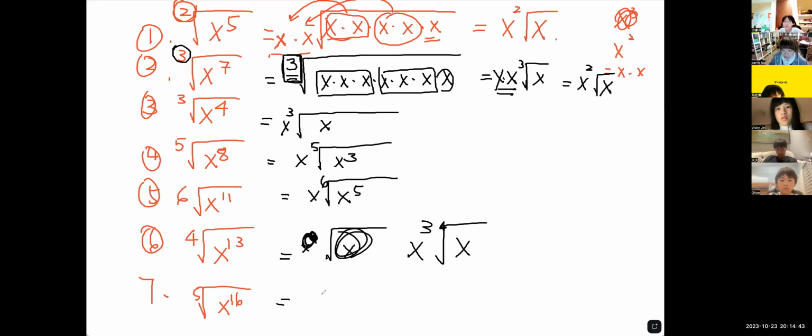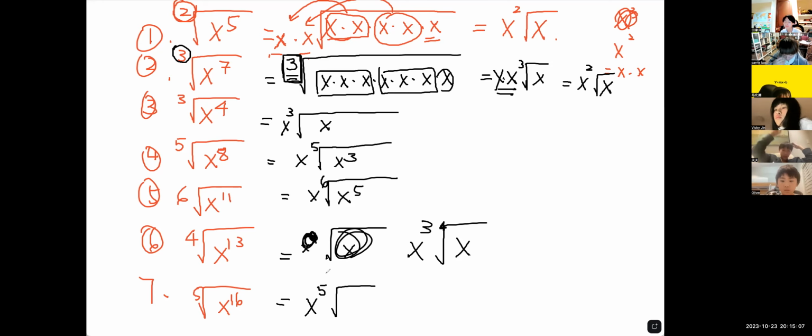Okay, last one. I thought you wanted to do it. X to the square root of 5. No, x to the power of 5 square root. Is it right, everybody?